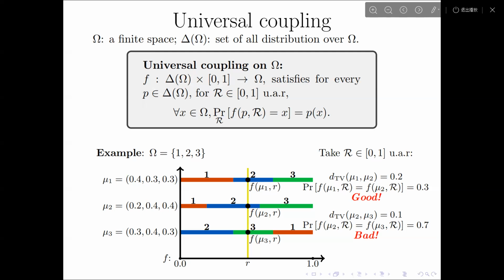In the example in the picture, the coupling performance on mu1 and mu2 is good, while the coupling performance on mu2 and mu3 is bad. Instead of coupling the 3 distributions, a universal coupling needs to couple all the distributions over omega. Our goal is to construct such a universal coupling that for every pair of distributions over omega, the coupling performance on them is as good as possible.